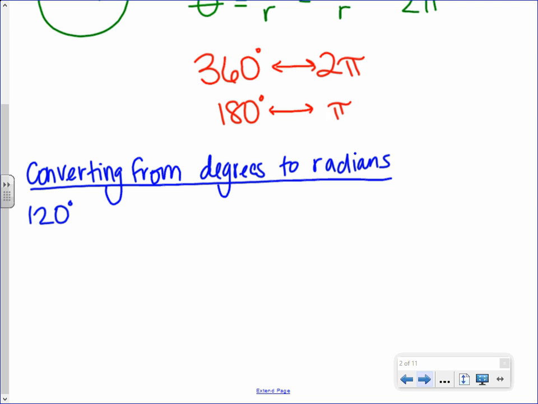So if we want to convert this to radians, we have to multiply by 1, essentially, but we want to cancel out the degrees, right? So we need our degrees to go in the denominator so that the degrees cancel. Well, 180 degrees is the same thing as pi radians. So essentially, we have 120 over 180 times pi. Reduce that fraction down to 2 pi over 3.